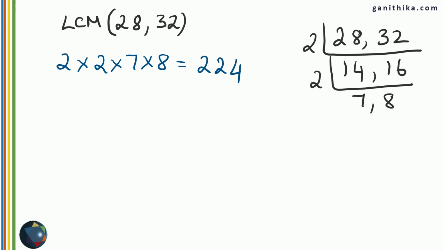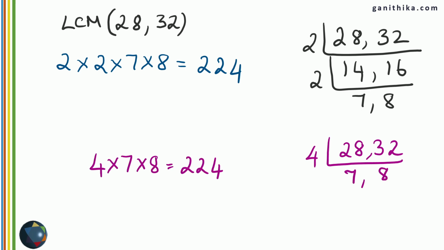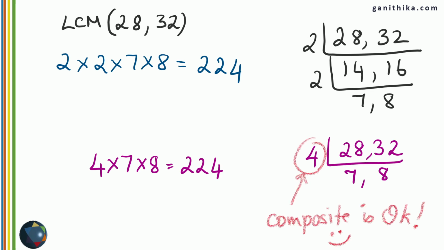So instead of starting with 2, if you had identified that 4 is a common divisor for 28 and 32, we would have got 7 and 8 in the beginning itself. So we can write the product as 4 times 7 times 8, which also gives you the same number, 224, as the LCM of 28 and 32. What you can notice here is that when you find the divisors for the two numbers, you don't have to find a prime number.